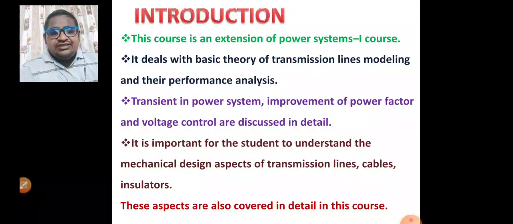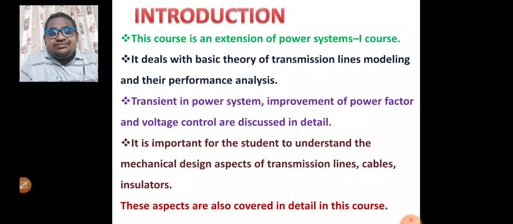The third one is transients in power system. Improvement of power factor and voltage control are discussed in detail in this course. What do you mean by transient? Transient in the sense when the system is subjected to sudden changes.